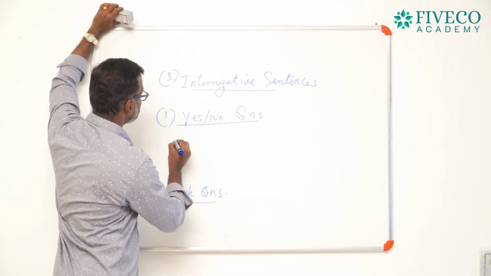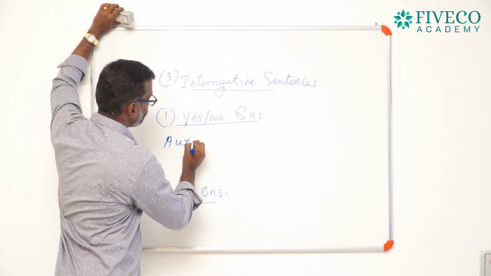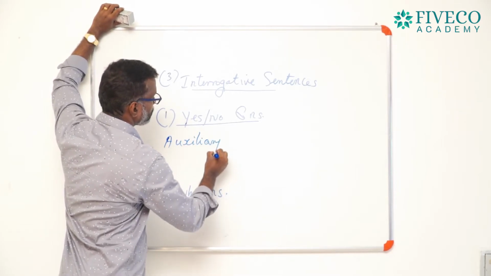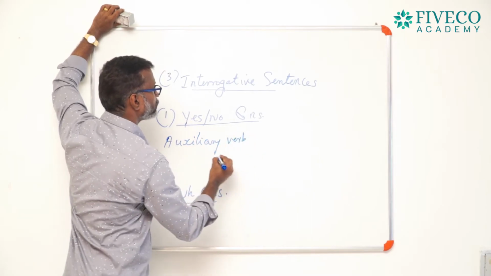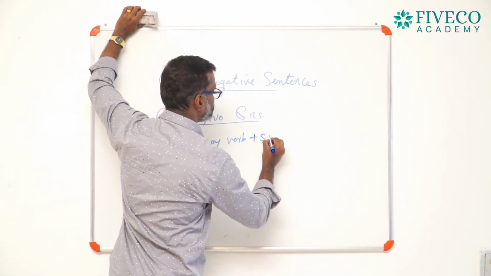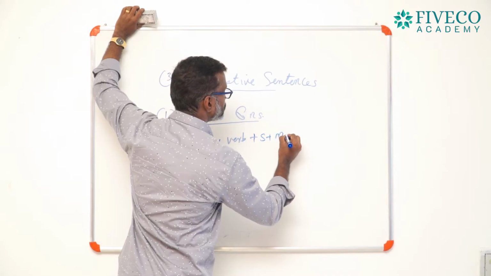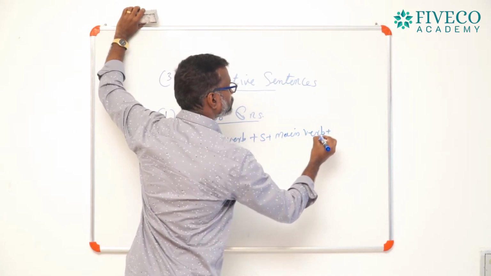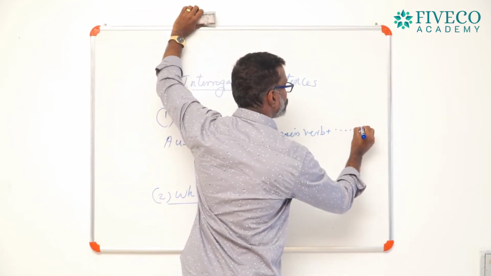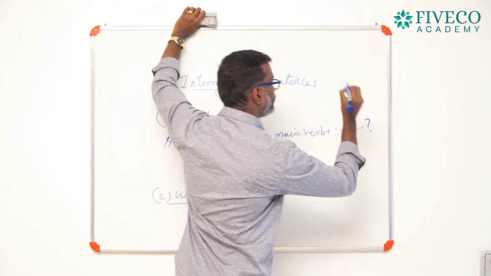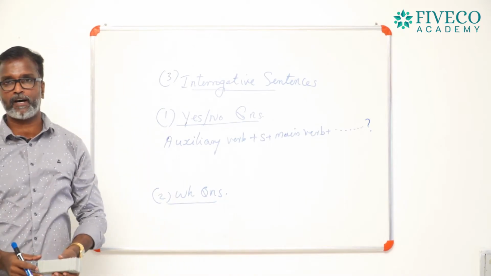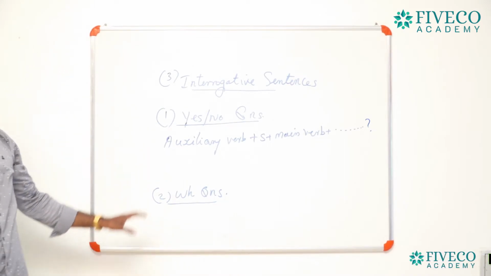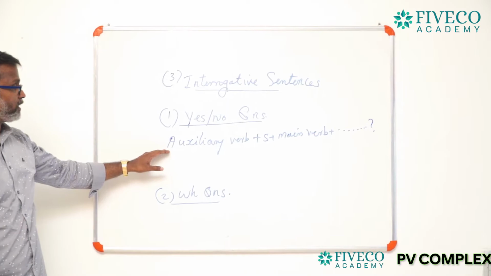The formula is auxiliary verb plus subject plus main verb plus the remaining portion of the sentence, and finally you have to put a question mark. That is the formula of a yes or no question.